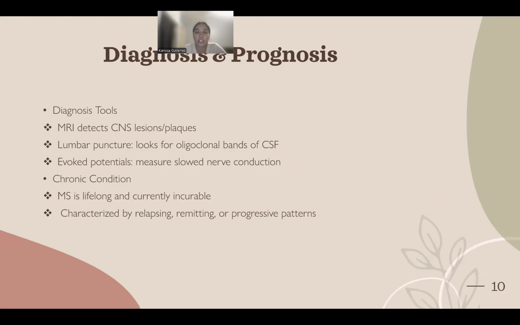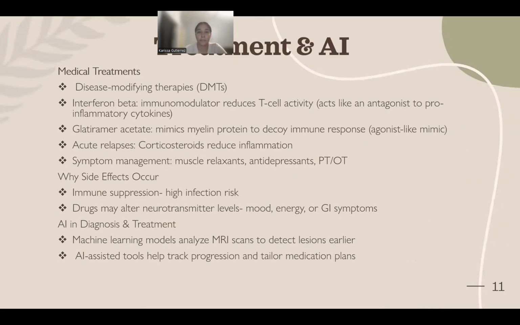MS is a chronic condition. Once it's diagnosed, patients must manage it for life. Symptoms may manifest, or flare-ups can also pop up. The primary goal of treatment isn't a cure, but rather to reduce relapses and slow down progression. Disease-modifying therapies form the cornerstone of MS treatment. Interferon beta works by dampening the immune response.